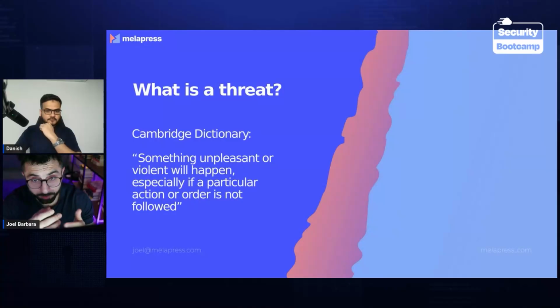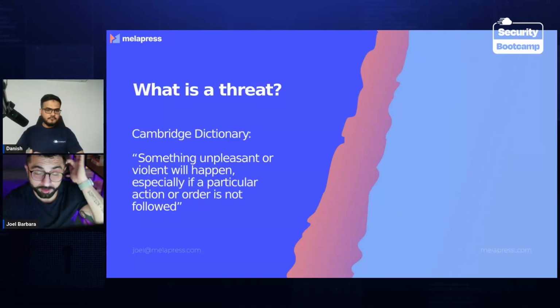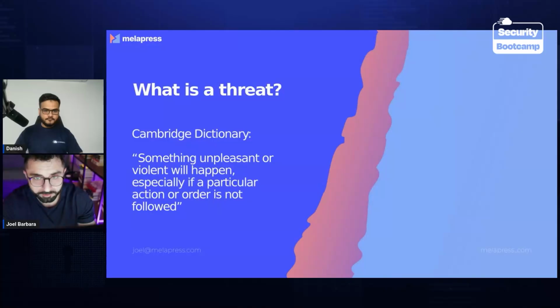To better understand what threat modeling is, maybe we should start by answering the question of what is a threat. There are different definitions. However, one by the Cambridge Dictionary is very fitting for this context, which tells us something unpleasant or violent will happen, especially if a particular action or order is not followed.